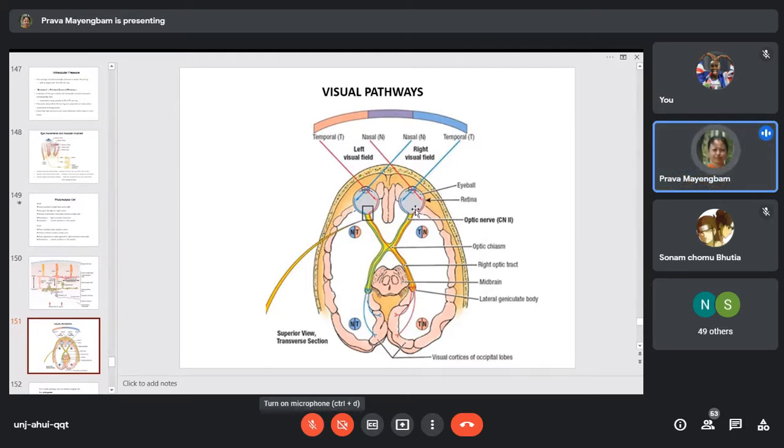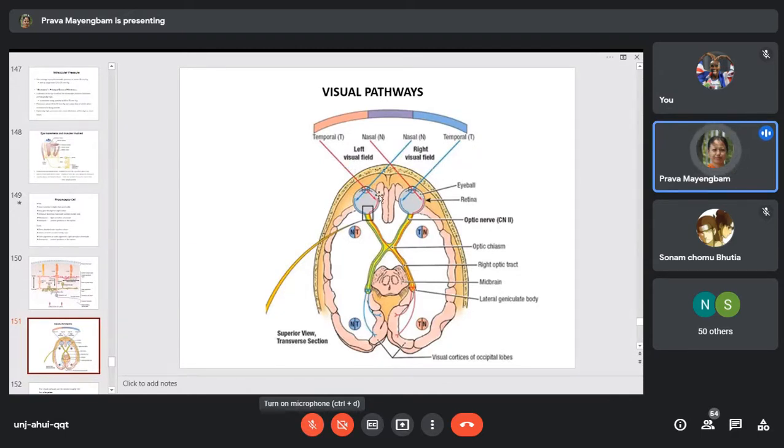The temporal part will be receiving the sight of the objects at the left, while the nasal part of the retina is going to receive the signal from the right side.